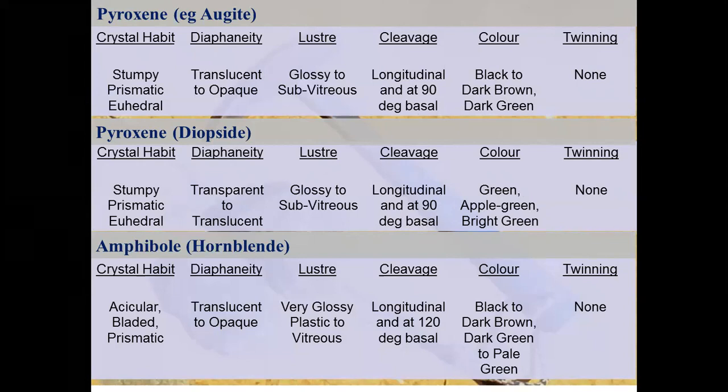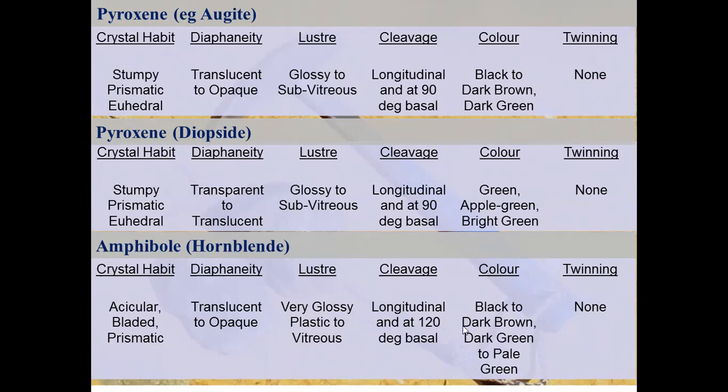Then we moved on to the hornblende-type amphiboles, and these are characterized by bladed prismatic crystals, very glossy as well, quite a plastic to vitreous luster, almost as glossy and vitreous as the micas, but not exactly.